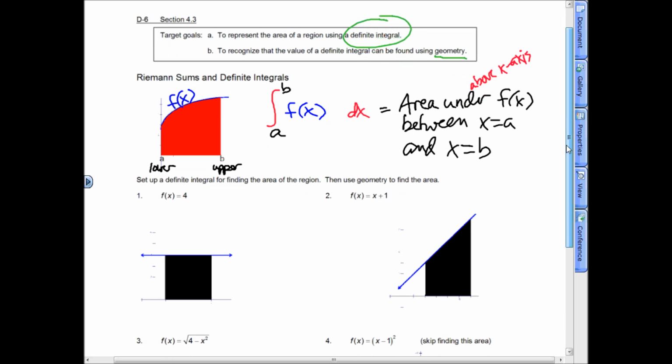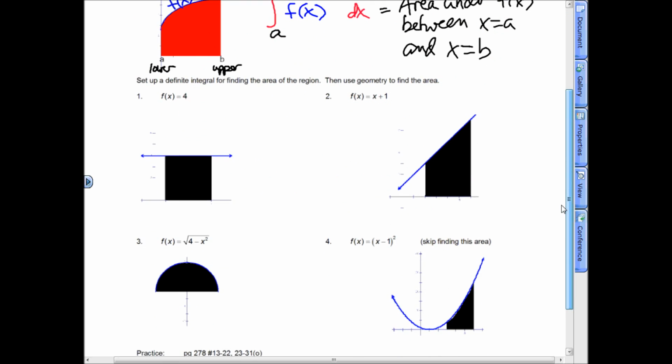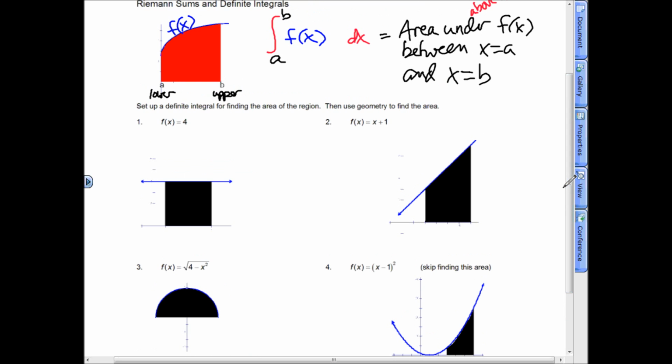So we'll continue to play with this a little bit more. Set up a definite integral for this region. Well, what do I have on this one? I've got a function, and you can't really see my x-axis and my y-axis. This is f of x equals 4, so we know that this is a 4 for a y value. It looks like I've probably got a square here, and it's kind of hard to see.